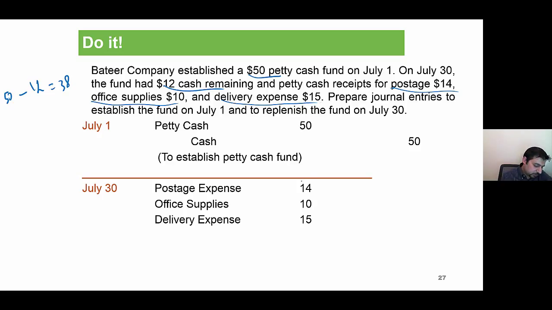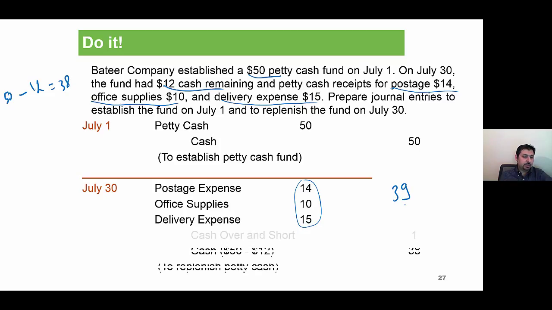However, those expenses are for the value of $39, which means originally the custodian is supposed to only have $11, but in this case they have $12 in the petty cash fund, which means they have an extra dollar in the fund.